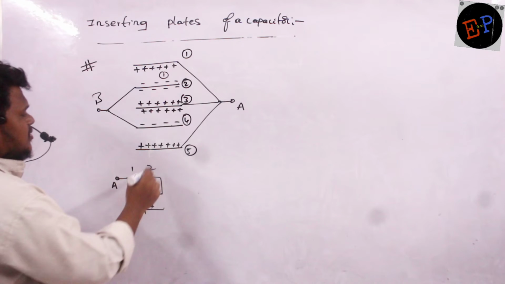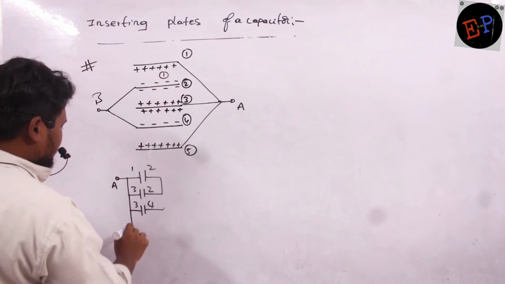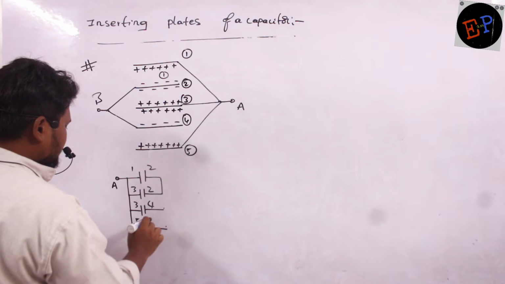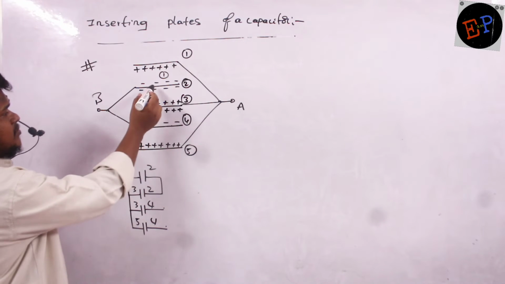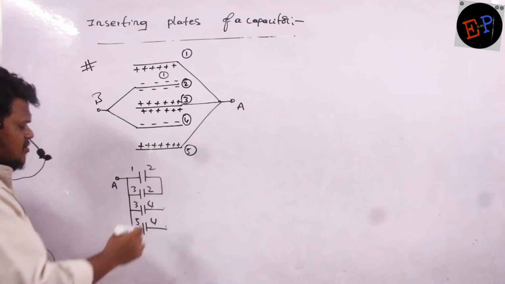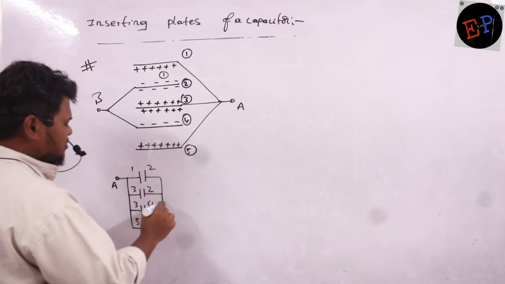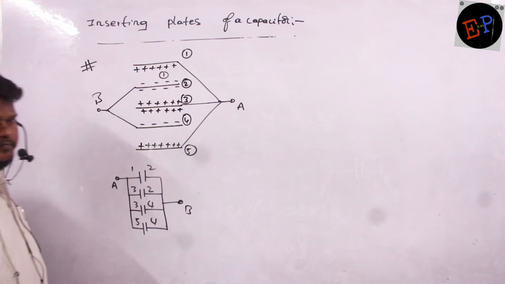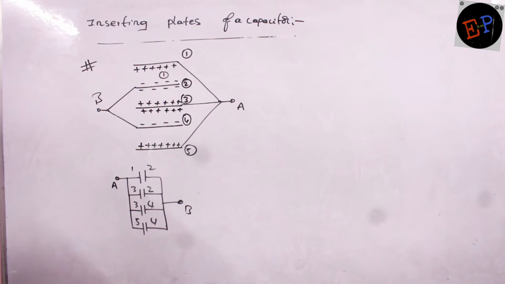Next 5 and 4, one more capacitor. And plates number 2 and 4 are connected to the negative terminal. It means all the terminals are common. So this is my point B. That's all. Is it clear?